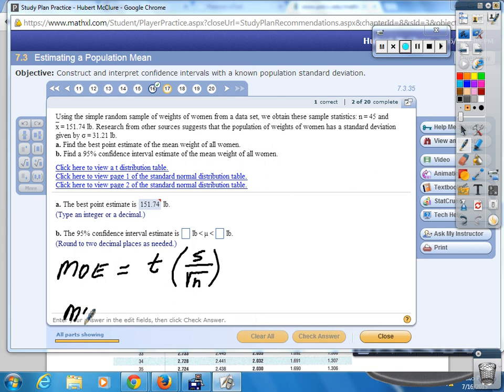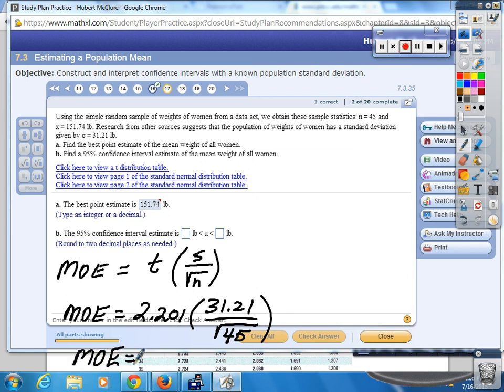So MOE is equal to 2.201 multiplied by the standard deviation, in this case 31.21, over the square root of 45. And somebody work out all that and give me the MOE. Round to 2 decimal places. 10 point what?